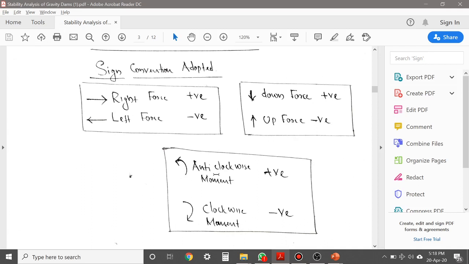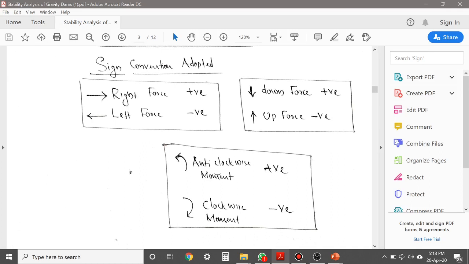Again, while taking the moment, you should consider the sign convention. For anti-clockwise moment, the sign convention is positive, and for clockwise moment, the sign convention is negative. This is the sign convention that you should keep in mind while doing the entire problem of stability analysis.